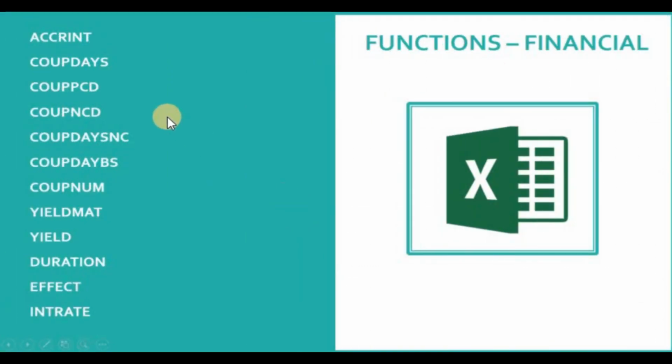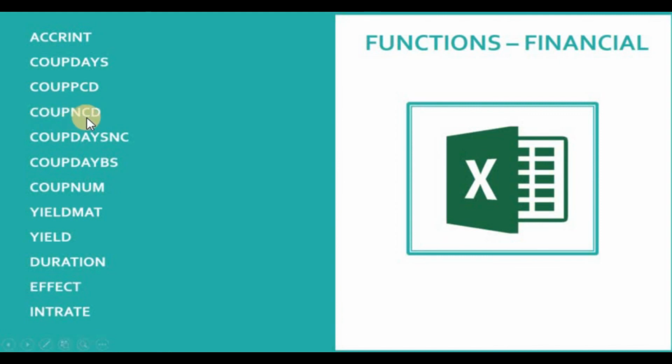So far, we have seen a few financial formulas. ACCRINT is to arrive at the accrued interest between two periods. COUPDAYS is to calculate the number of days in the coupon period in a coupon investment. COUPPCD is to arrive at the previous coupon date or interest date.